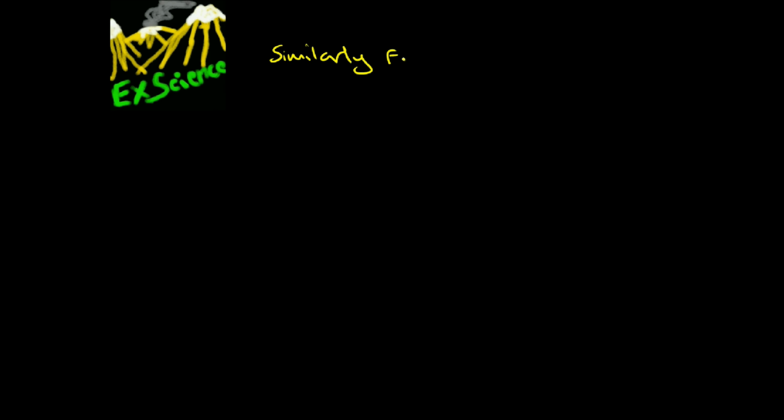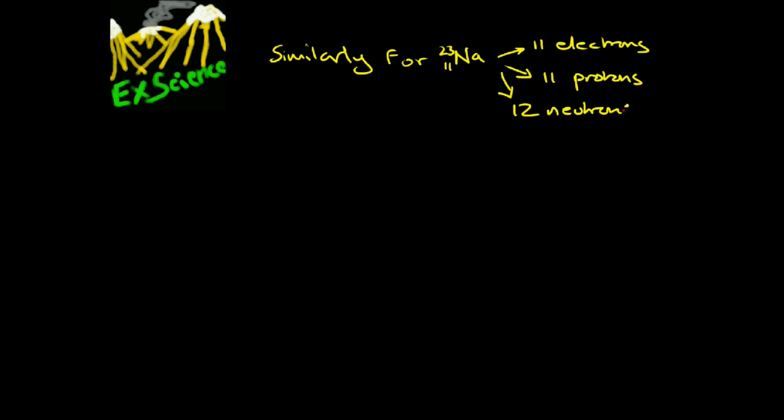Similarly, for sodium, symbol Na, the atomic number is 11, mass number 23. So I would have 11 electrons, 11 protons, and for the 23 that would be 12 neutrons.